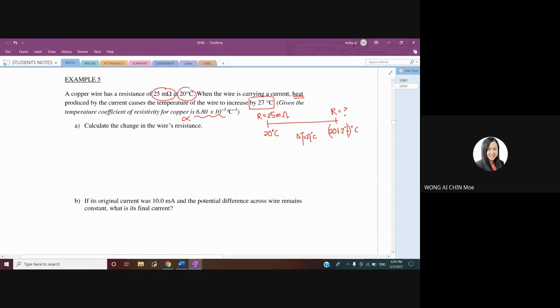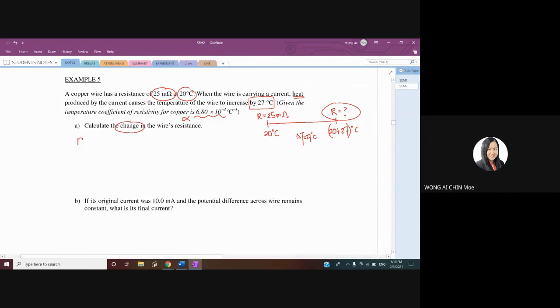The first one: calculate the change in the wire resistor. Perubahan. We want to find the change, not the final. If final, this is the final, but if change, we want to find the difference between the initial and final.